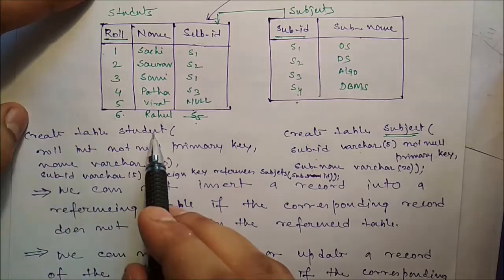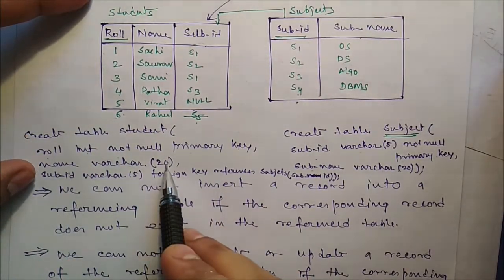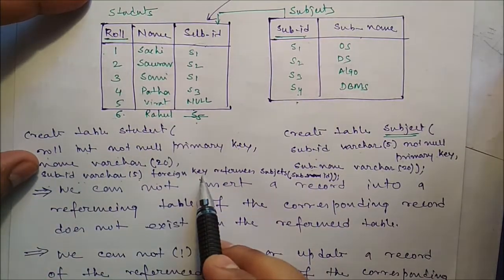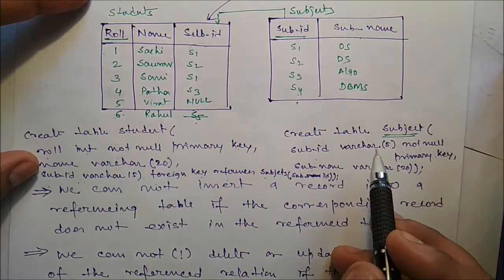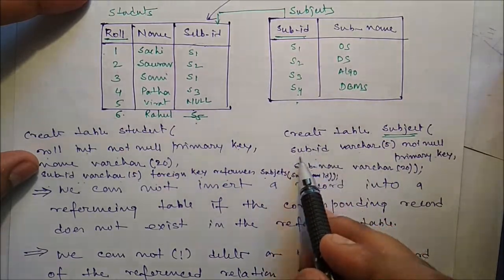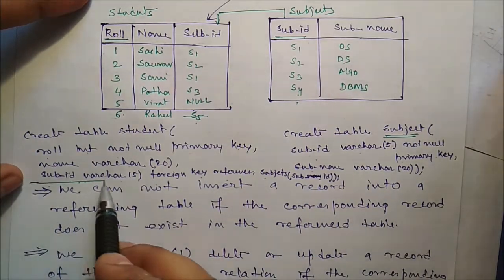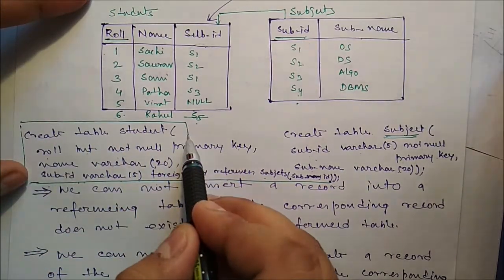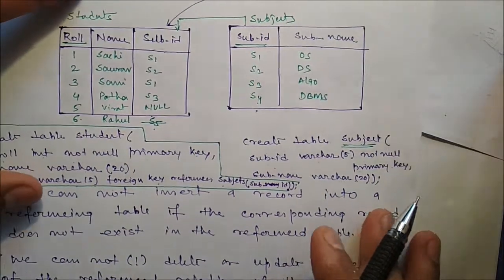Then create table student, roll number integer not null primary key, name varchar 20, and subject ID is varchar 5 foreign key references the subject table, from where we have to pick up the subject ID. In this way, this is the SQL command through which we implement the foreign key, or enforce the referential integrity constraint.